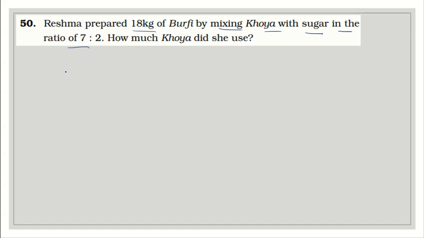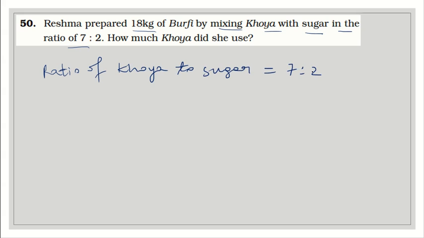See children, here the ratio of koya to sugar is 7:2.